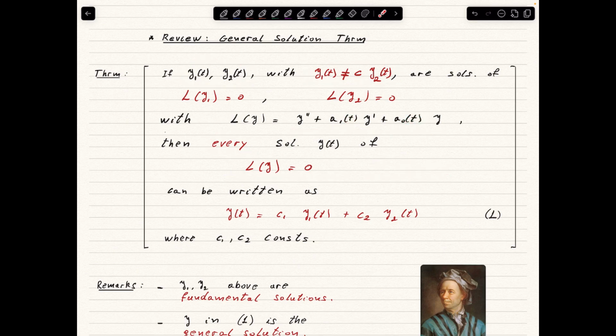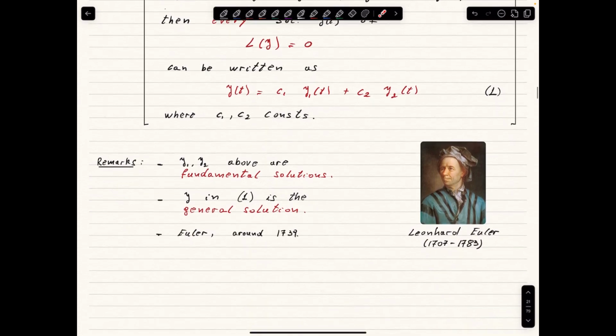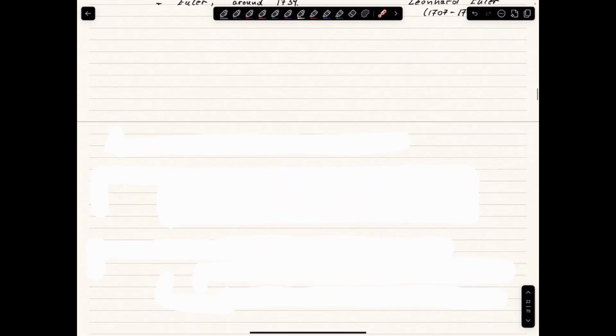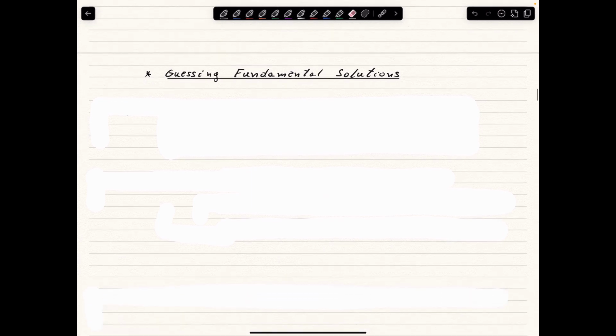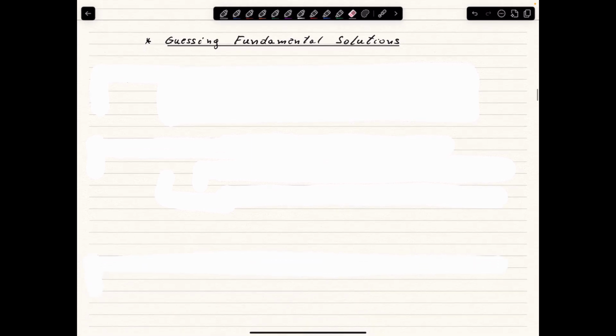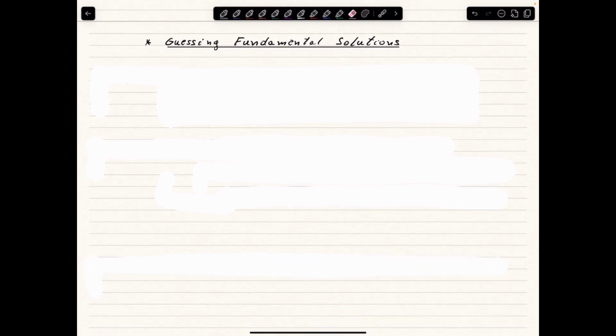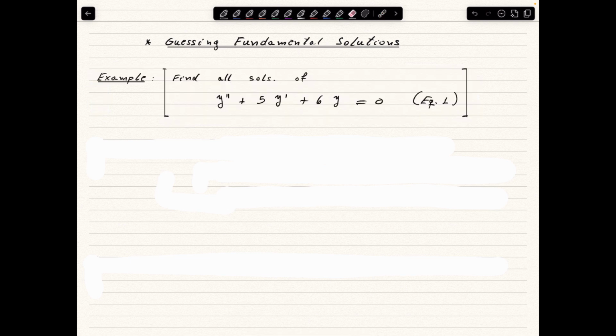When the equation doesn't have constant coefficients, when we have variable coefficients, we don't know how to guess. It's too difficult. But it's simple enough in the case of constant coefficients. So let's see how we can guess fundamental solutions in the case of constant coefficient equations. Our next topic is then guessing fundamental solutions. We are going to start with a particular example.